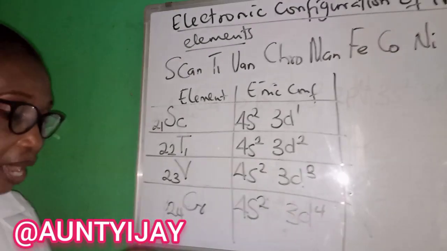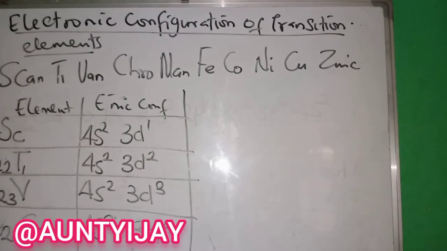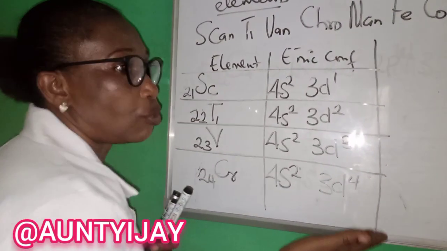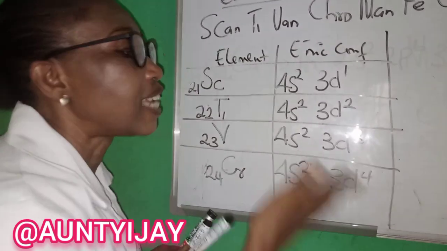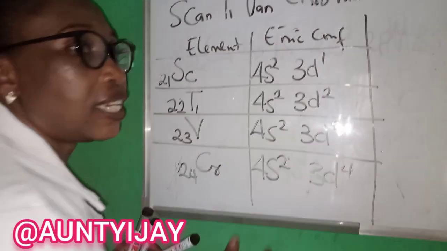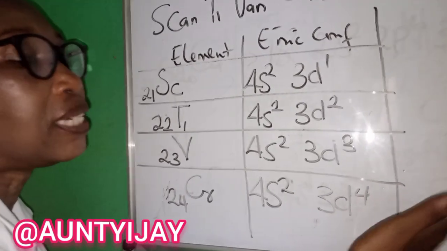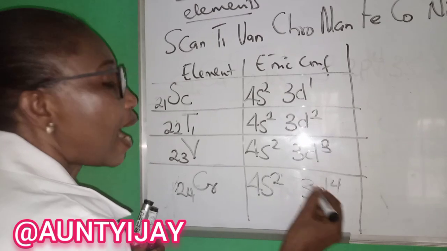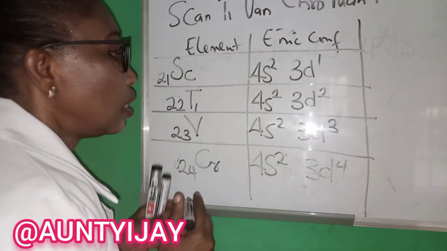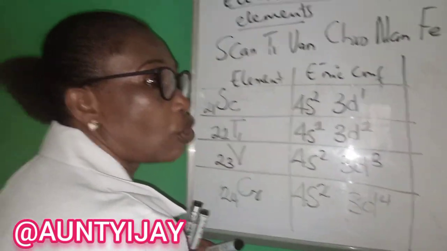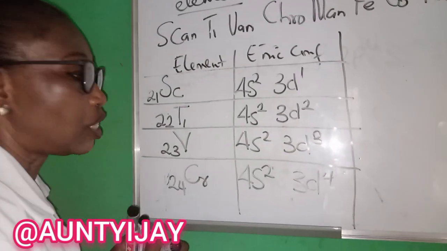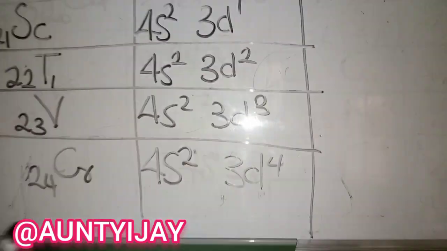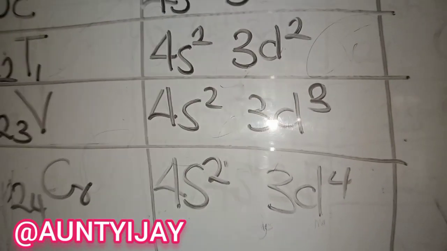I purposely wrote it like this so that I'll be able to explain to you that when we are talking about filling the electrons in the orbitals, we consider certain rules. One of the rules is that the orbitals must be completely filled to balance. The 3d has 5 suborbitals, and if you fill 4 electrons in them, 1 will be left empty. Because of that, a 4s electron is promoted to the 3d orbital.